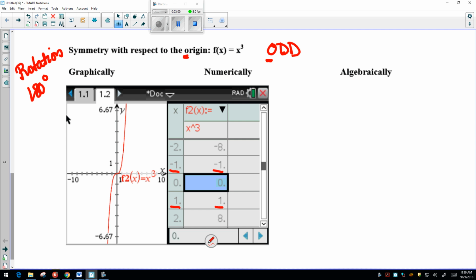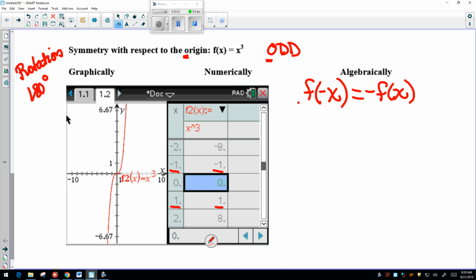So algebraically, what is that going to look like? So that's going to say, okay, I have a negative x value. That should be the same thing as if I negate the whole function. Okay, so what do we have to do here? Well, I have to test both of these situations.